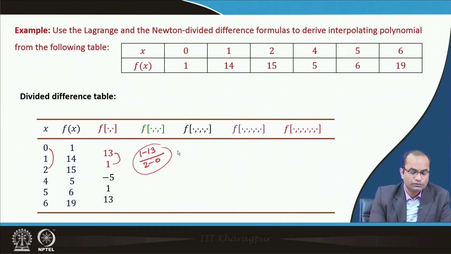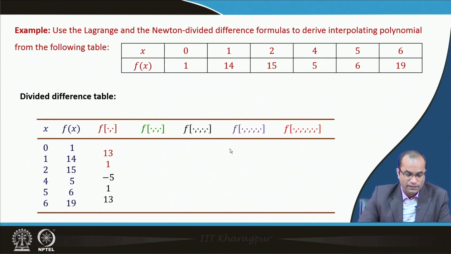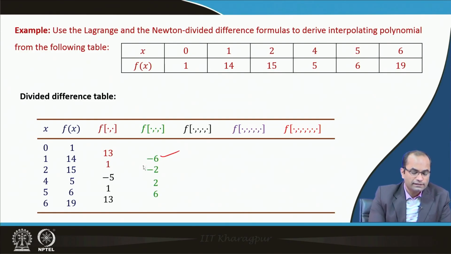So, this is minus 12 divided by 2, so it is minus 6 there. Then similarly we have minus 5 minus 1, so minus 6, divided by 4 minus 1, which is 3. So, we will get minus 2.